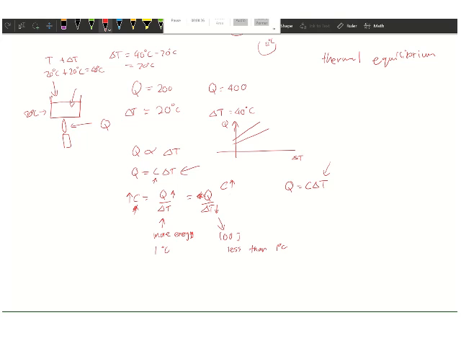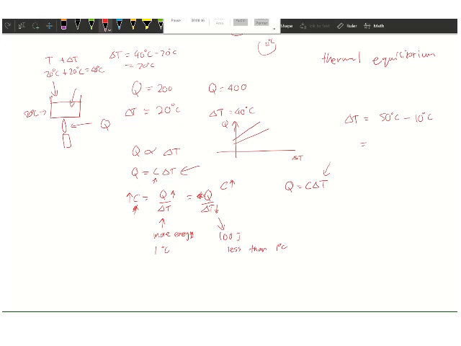And then if you look at here, if I were to have a change in temperature, such as, let's say, from 50 degrees Celsius, the change of 50 degrees Celsius minus 10 degrees Celsius.